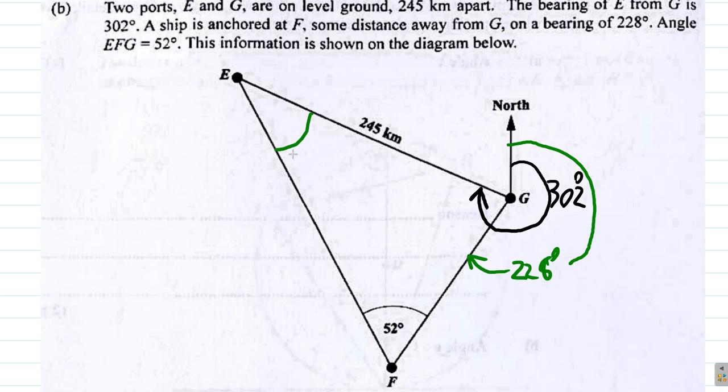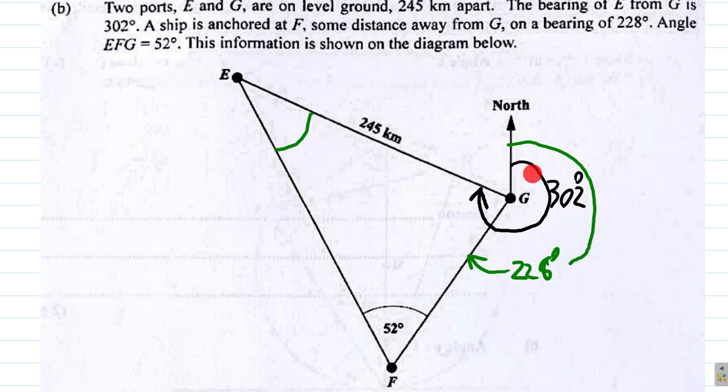You want this angle FEG. How would this go now? One thing you do: you need to find at least two angles in this triangle in order to get FEG, a third angle.